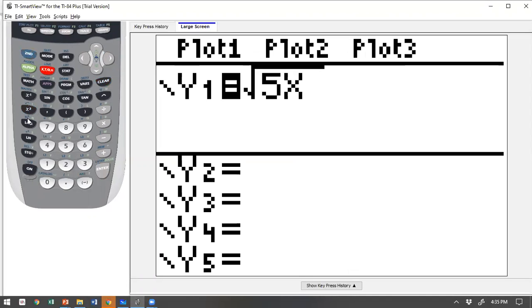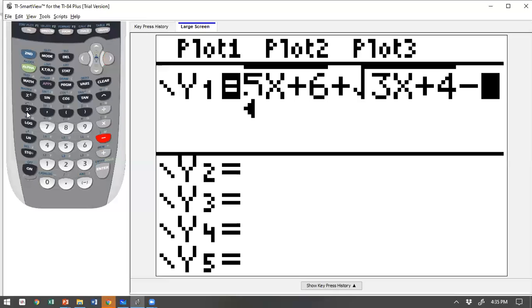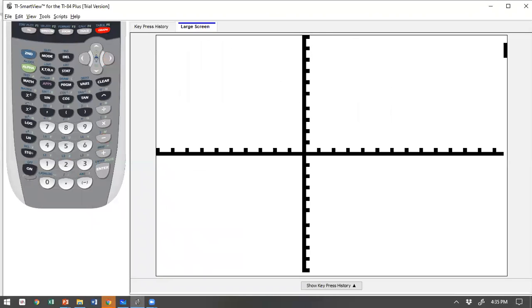So I'm going to hit second square root, 5x plus 6, plus the square root of 3x plus 4, and this is going to be minus 2, and we want to find where it equals 0. So we will now graph this.